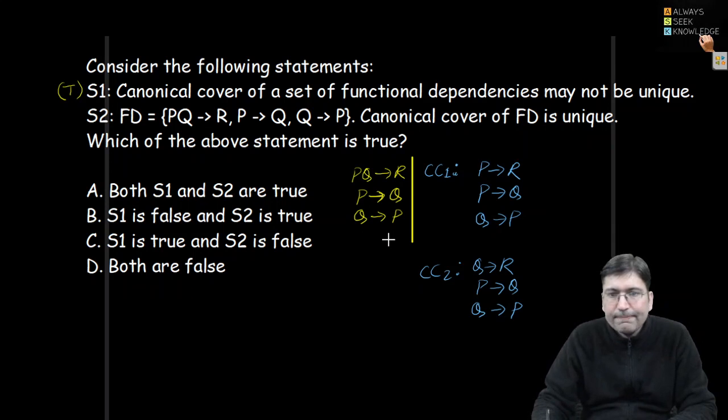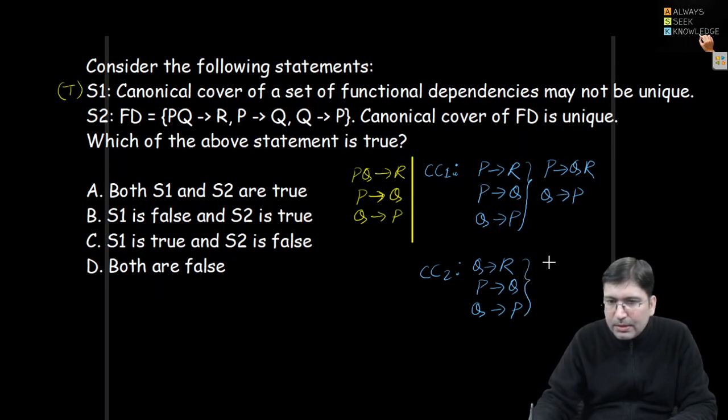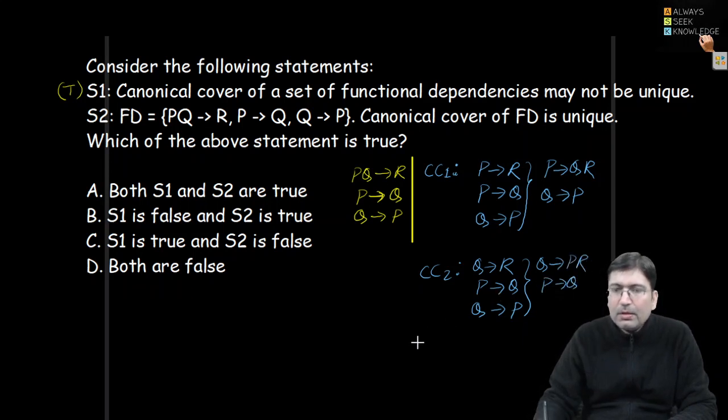Okay. So we can combine these, P implies QR, we can write simply, and here we can write Q implies PR. So this can be written as P implies QR and Q implies P. This can be written as Q implies PR and P implies Q, right?